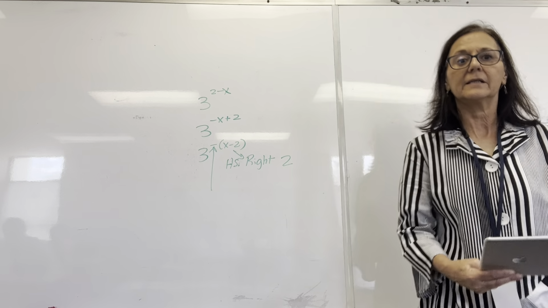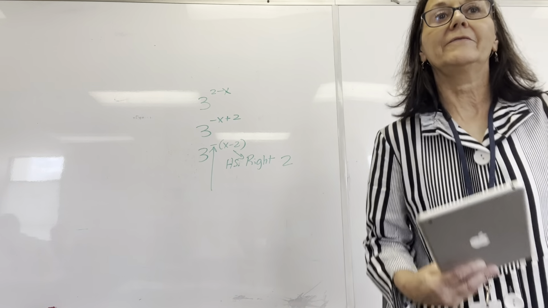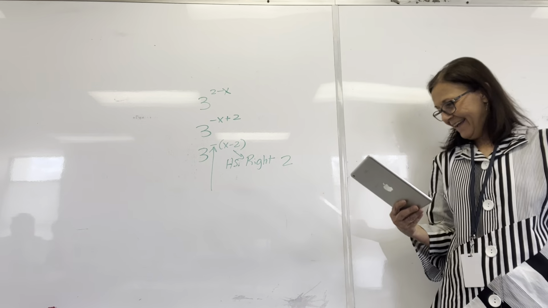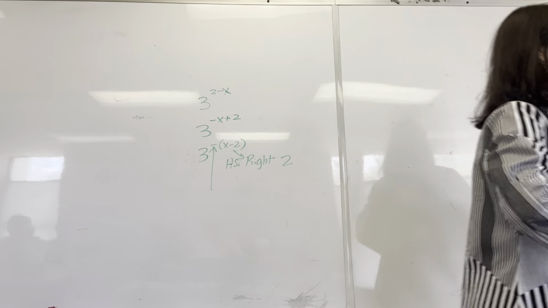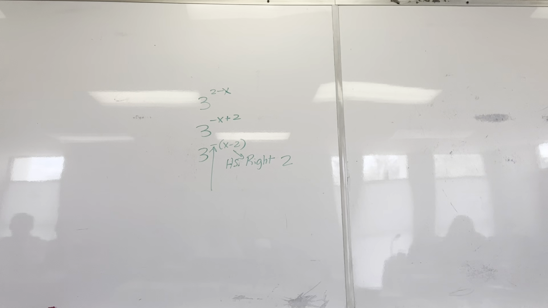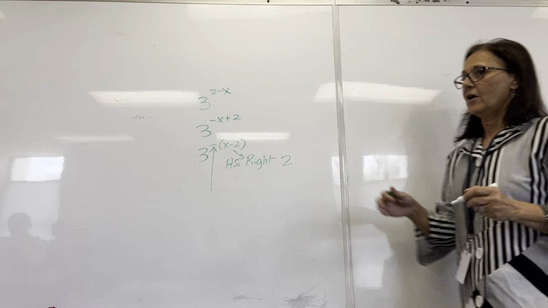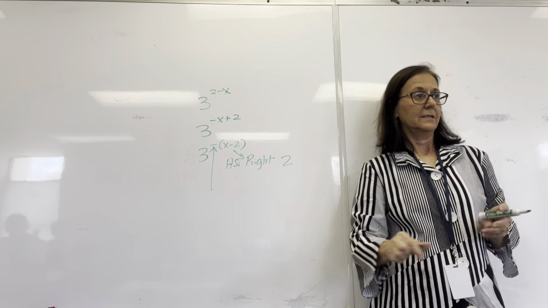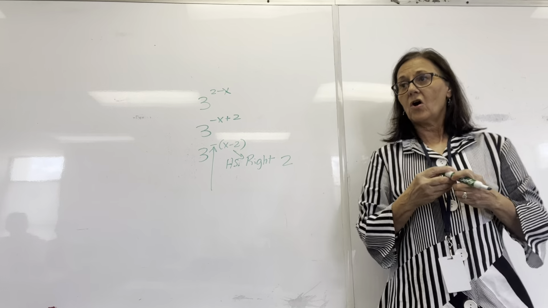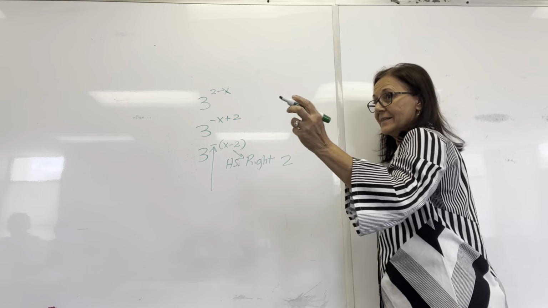You really can't see that very well on the video, that color. What is that negative? Yes, Selby? The horizontal stretch. No, negatives are one thing. Always. It opens down. Negatives are a reflection.